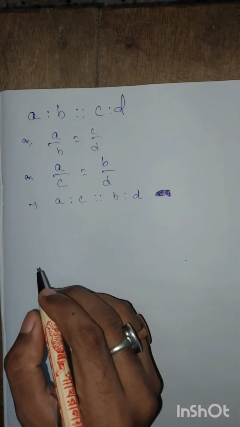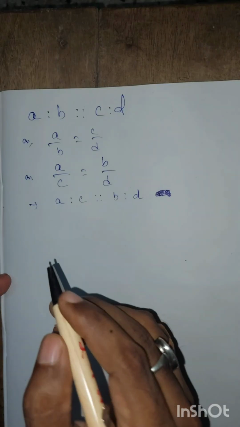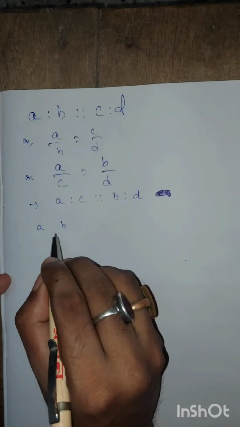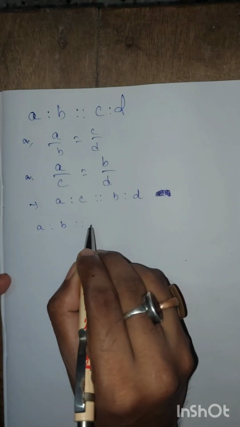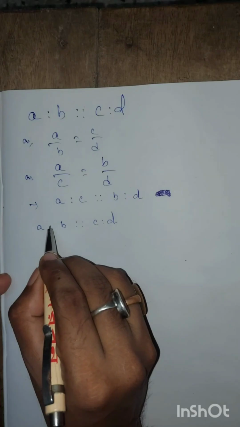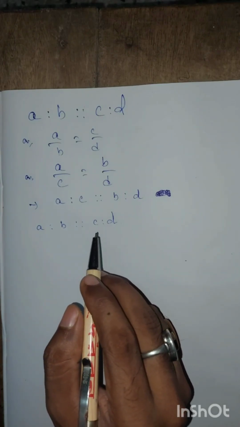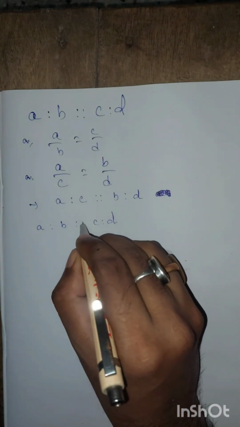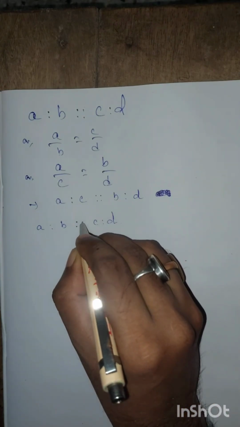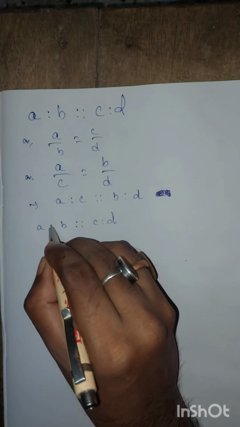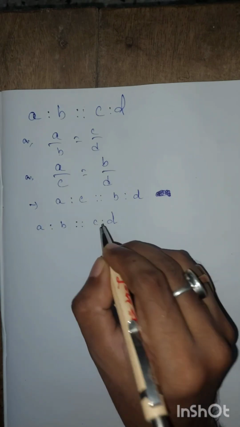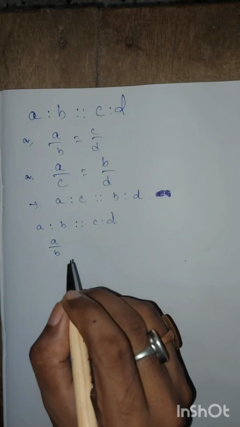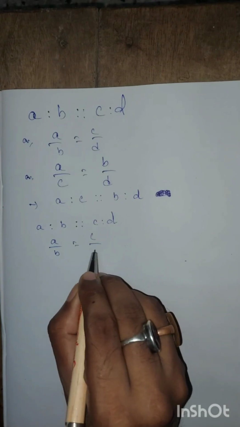Now from the same expression, a is to b as c is to d. Okay, this means a by b, this ratio is equal to c by d.